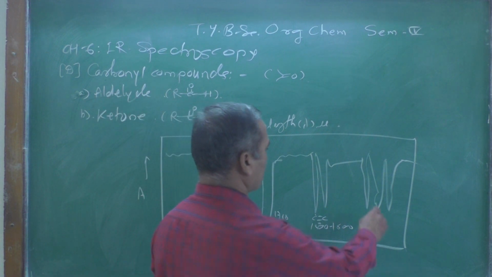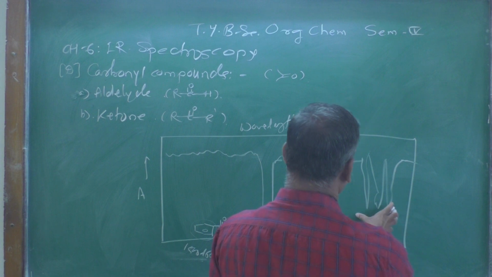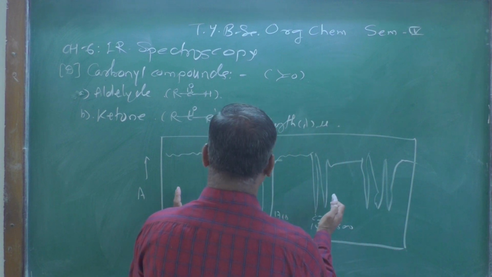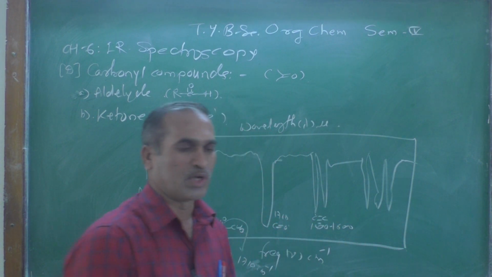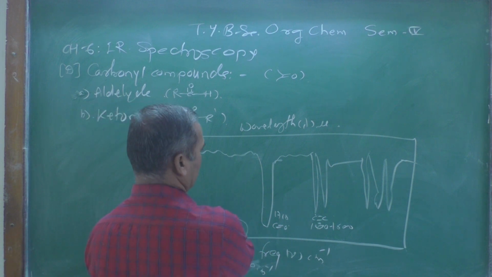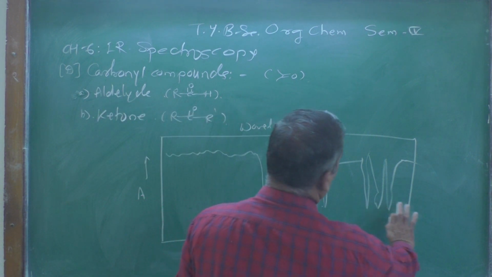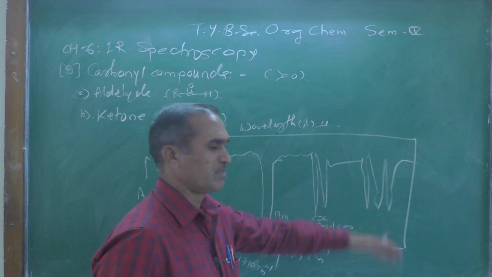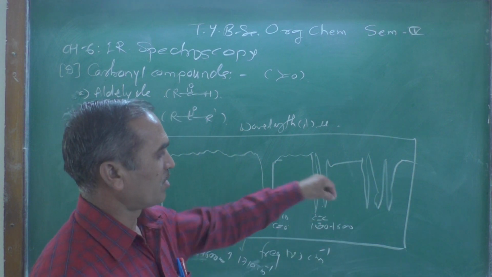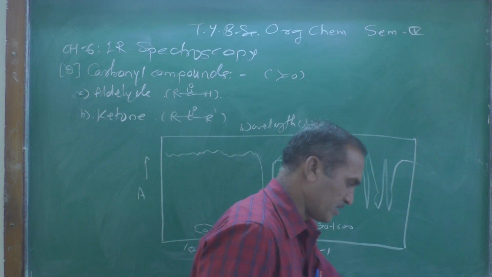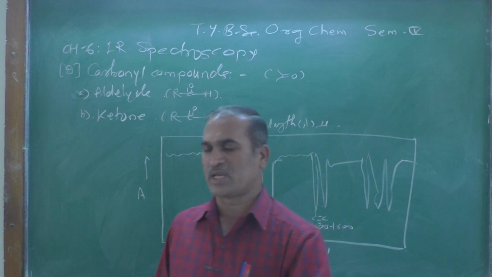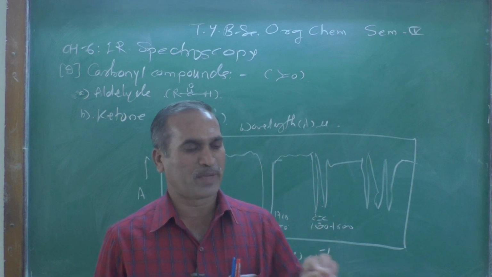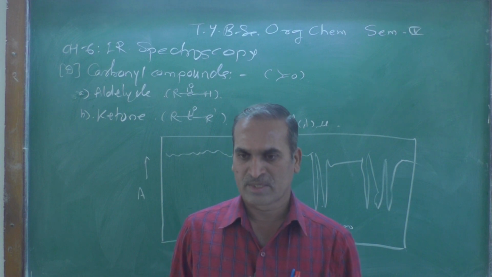And you see some peaks in the aromatic region, because from this to this is known as the functional group region, and up to this is the aromatic region, and a peak observed in the aromatic region clearly suggests that an aromatic compound is present.